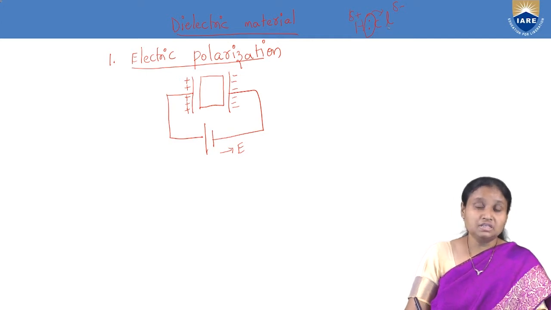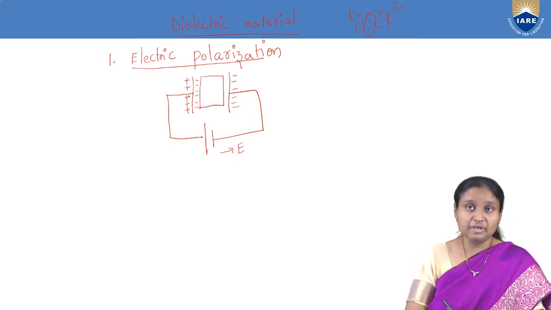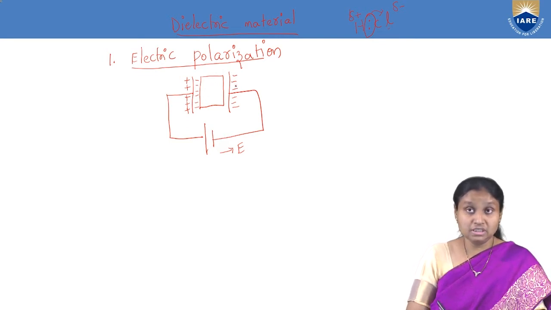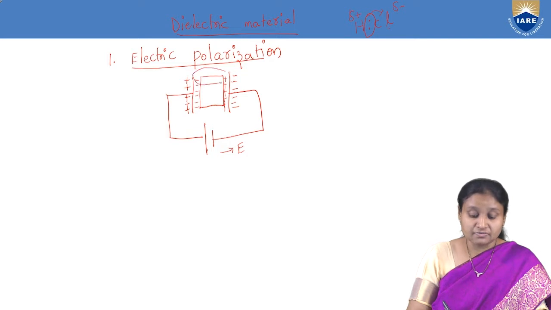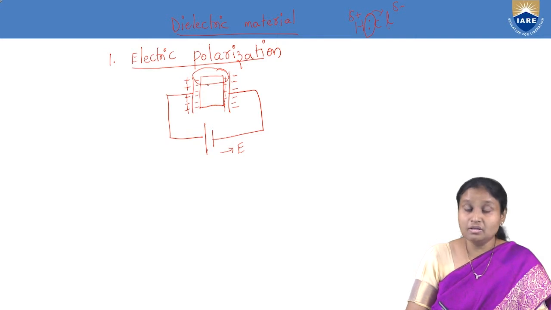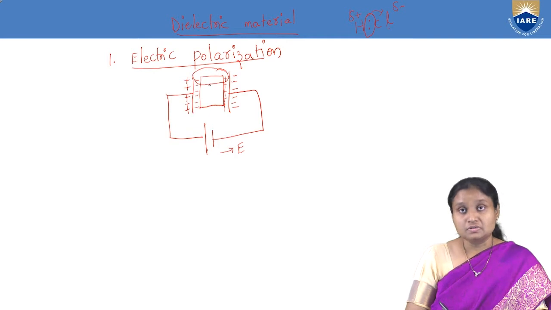The negative end will move in this direction because of attraction towards the positively charged plate, whereas the positive end of hydrogen chloride will move towards the negatively charged capacitor plate. This separation of charges, where we have equal and opposite charges separated by a small distance, or the formation of an electric dipole, is called polarization.